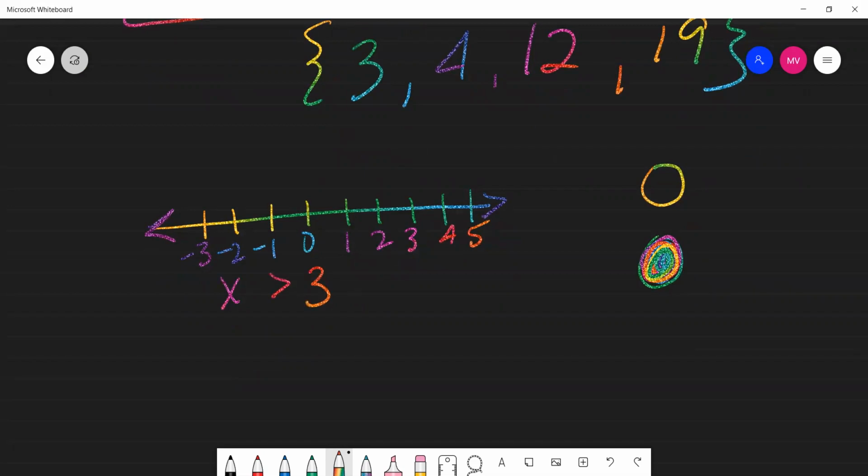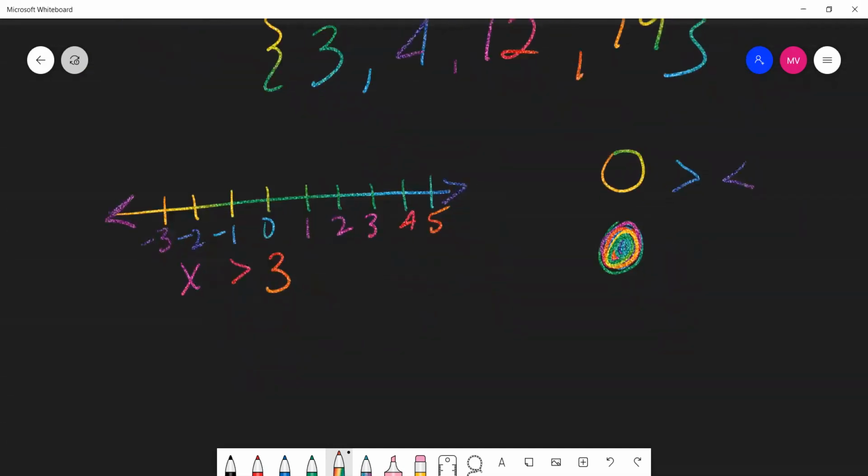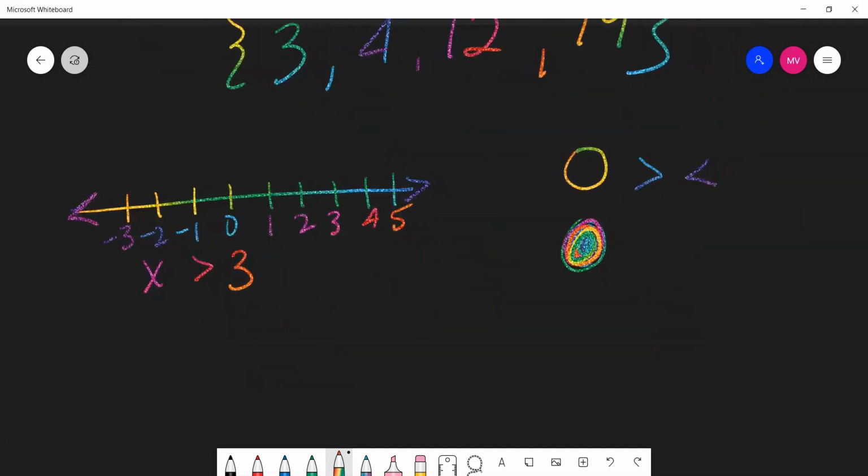An open circle means that's when you use greater than or less than, but it means that the number is not included in possible solutions. If you have greater than or equal to, less than or equal to, then use a closed circle because it means the number is included.